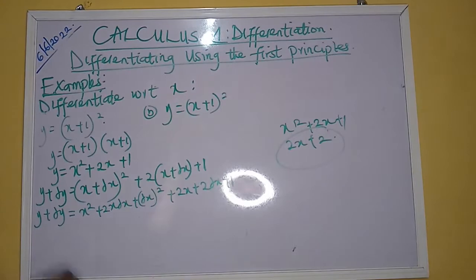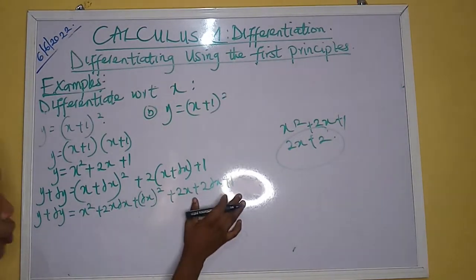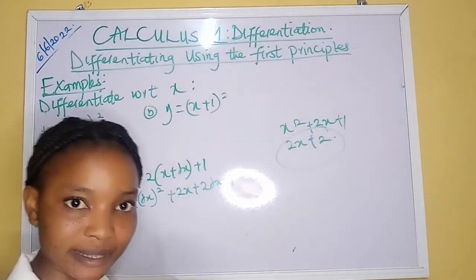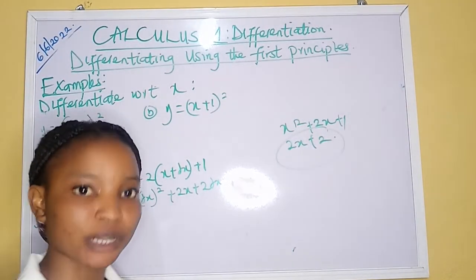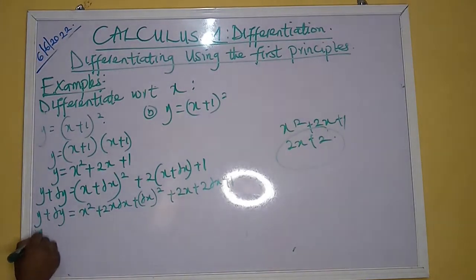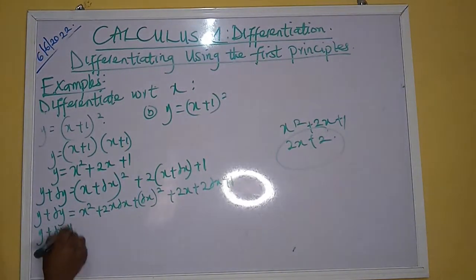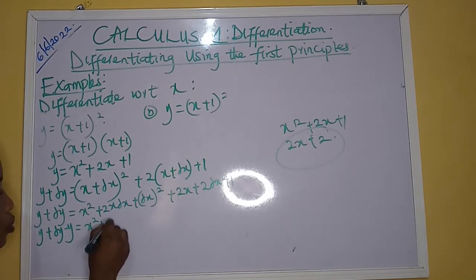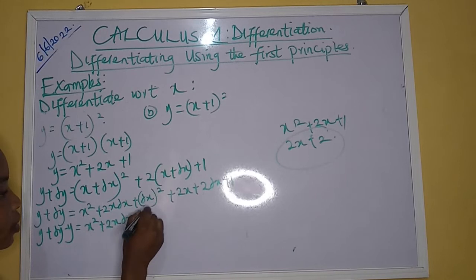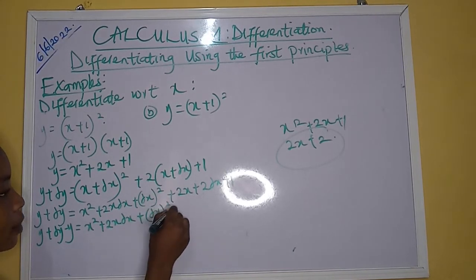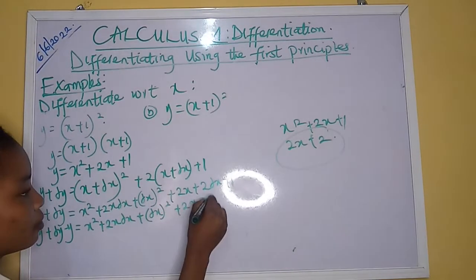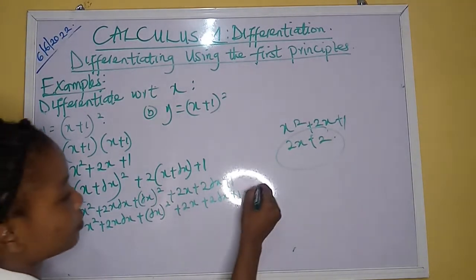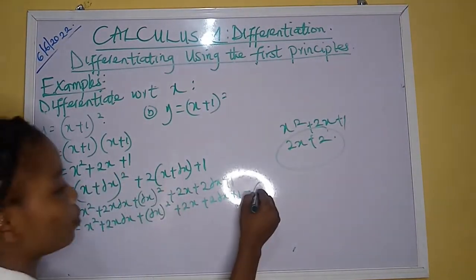Let's go. The next thing to do is to subtract y from both sides. Let's not forget it is step by step, and that's why it's called the first principle. Then y plus dy minus y gives me x squared plus 2x dx plus dx squared plus 2x plus 2dx plus 1, minus the one you open.